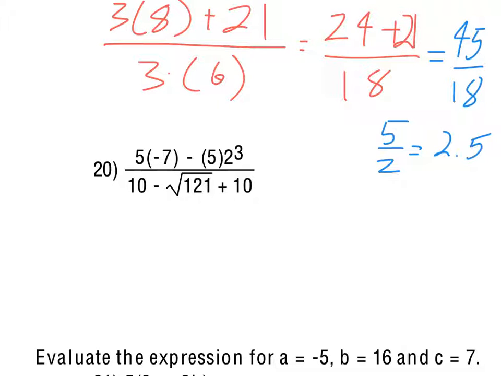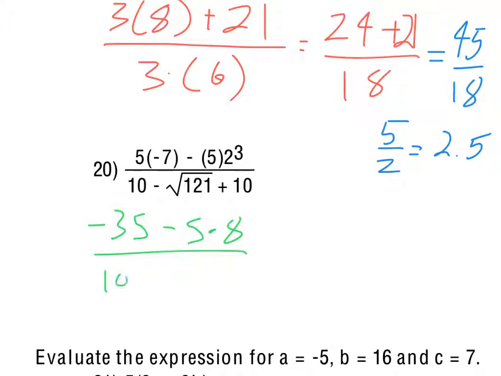We follow the same kind of process for number 20. Looking at that one, we can do the 5 times -7, get -35, minus the 5. I have to do the 2 cubed before I can do that multiplication, so that's 5 times 8.